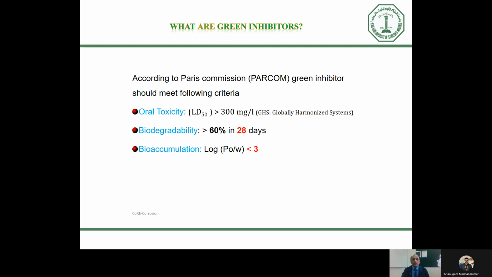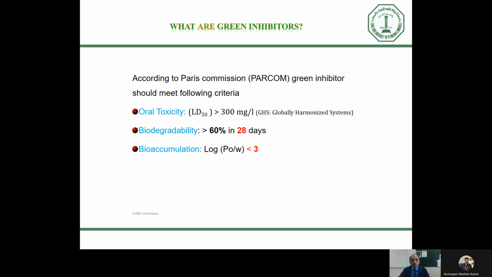Now, the next thing is what is a green inhibitor. According to the Paris Commission, a green inhibitor must meet the following criteria. Toxicity, measured in terms of LD50, should be more than 300 milligrams.